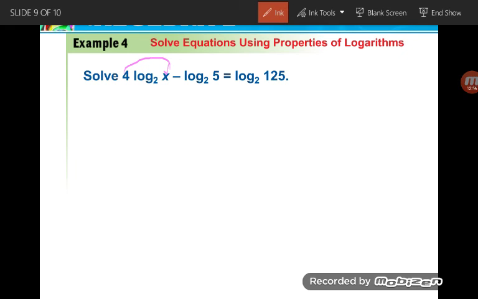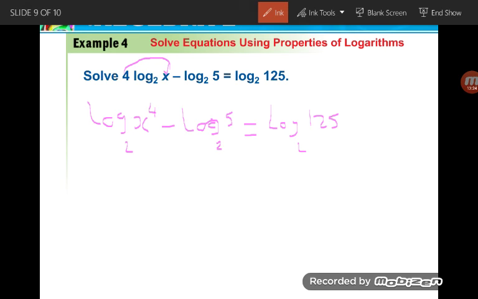So it will be log x to the power of 4 for base 2 minus log 5 base 2 equals log 125 base 2.